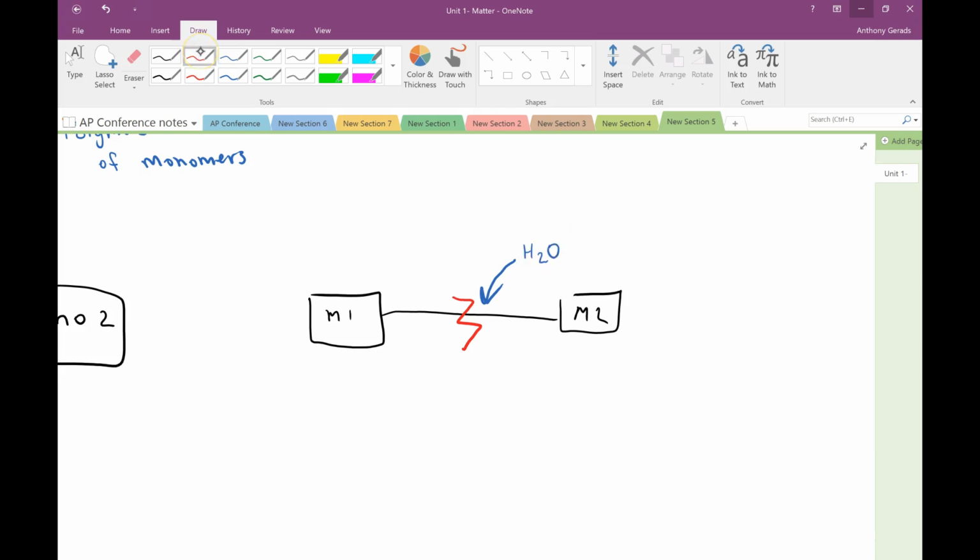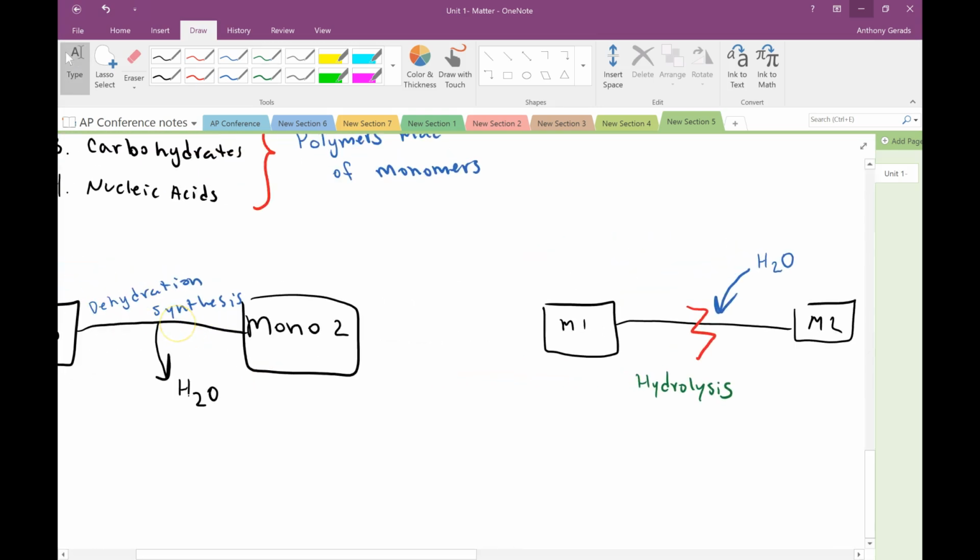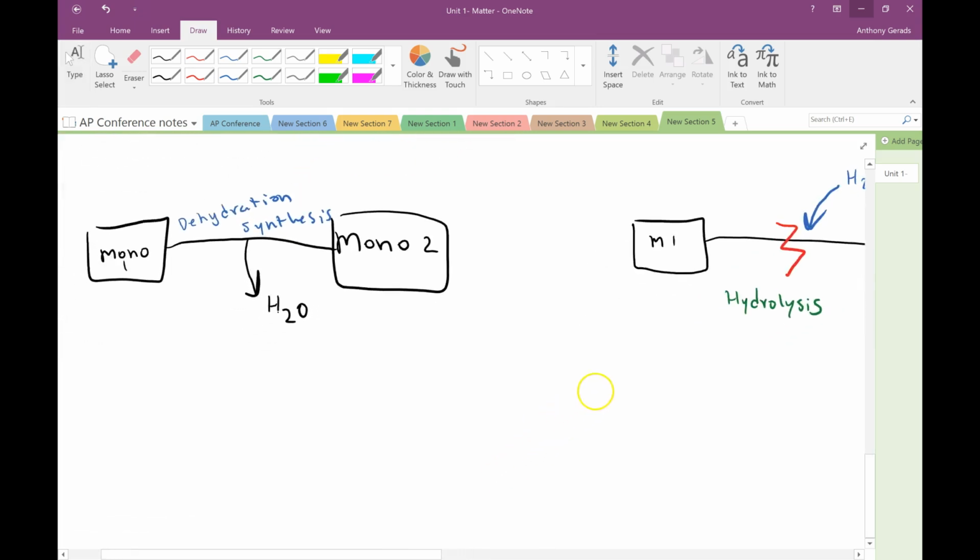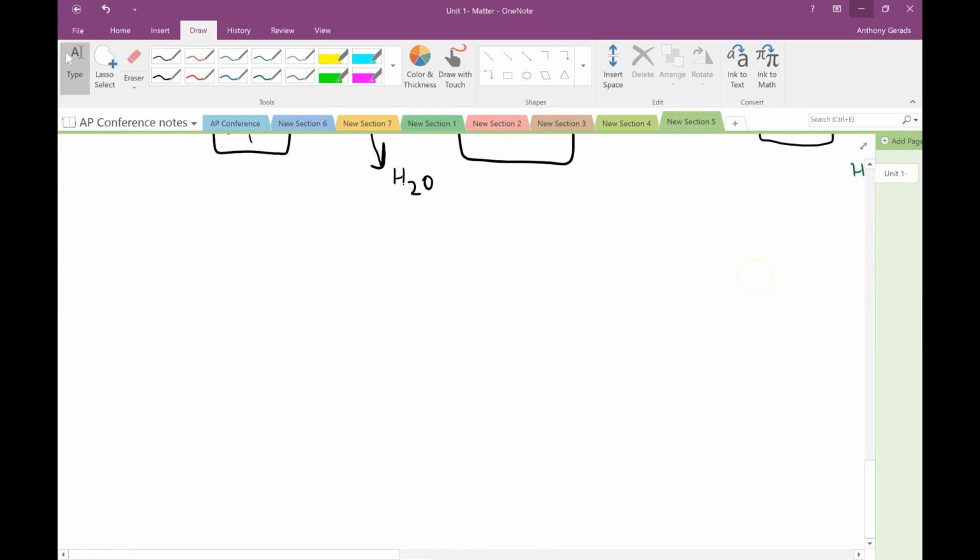And this step to break something or cut it using water is called hydrolysis. If I want to build these polymers by linking monomers together, it's called dehydration synthesis. If I want to break them down, it's called hydrolysis. Those are the 2 big processes I use. All right, let's talk about lipids.